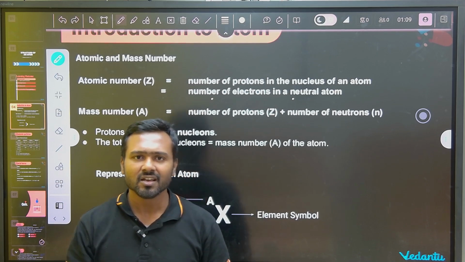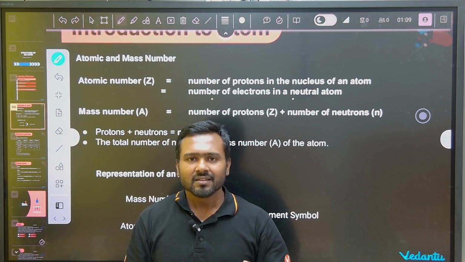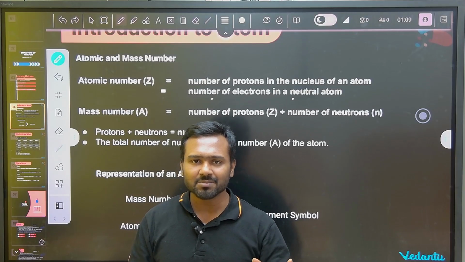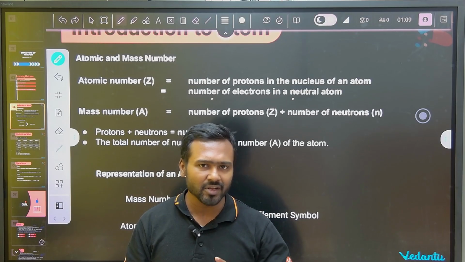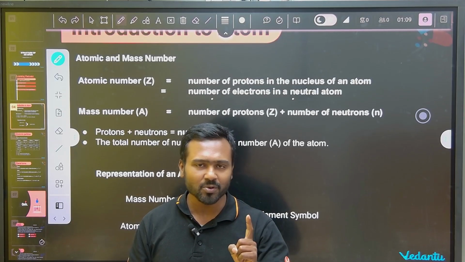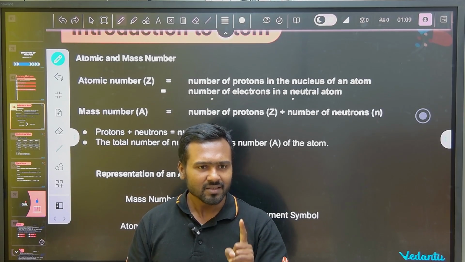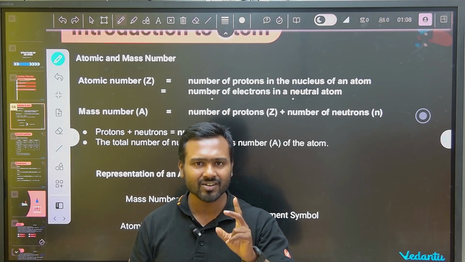If you take isotopes, the elements have the same atomic number but different mass number. In that, take hydrogen: protium, deuterium, tritium. Protium has one proton and one electron, there is no neutron. Deuterium has one proton, one neutron, one electron.